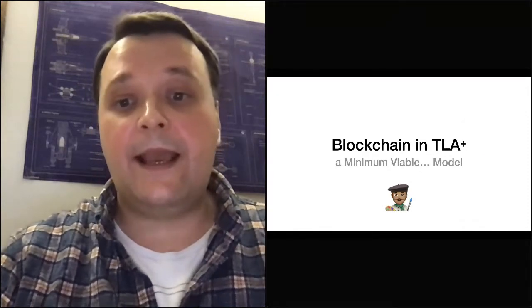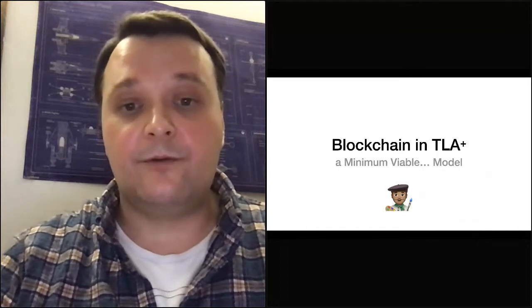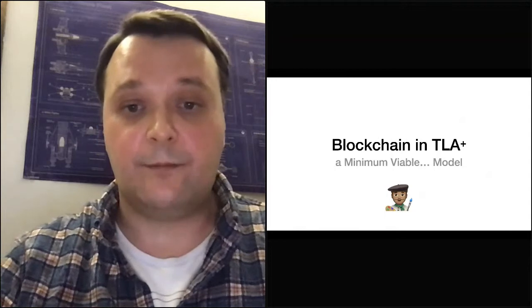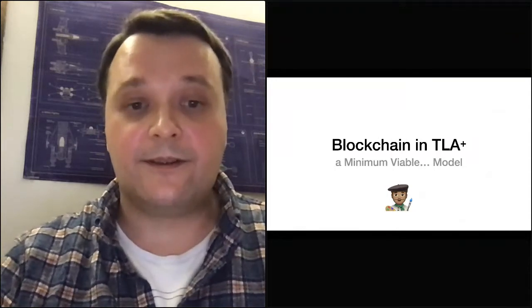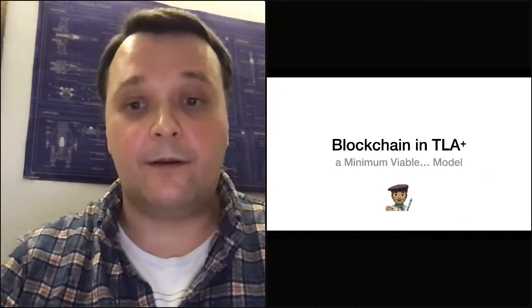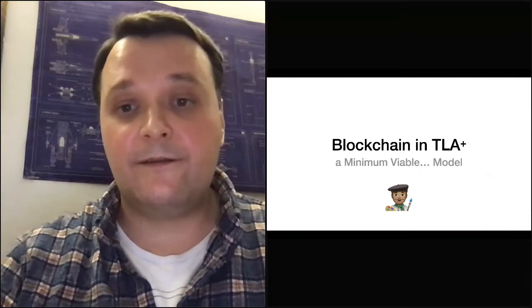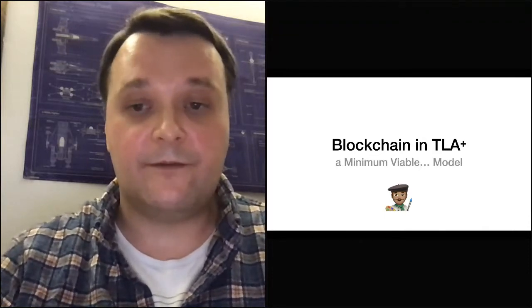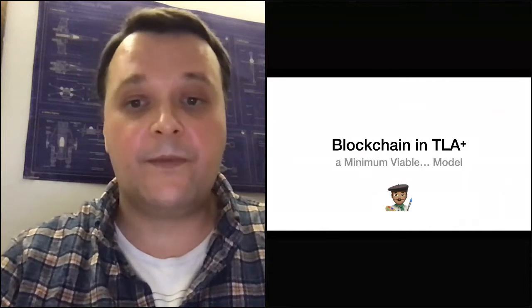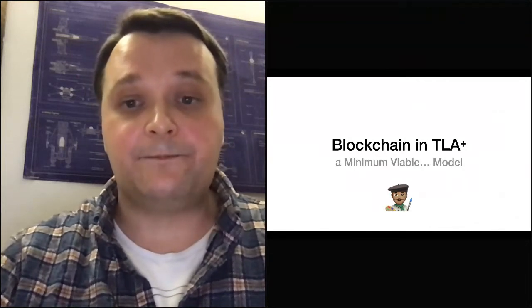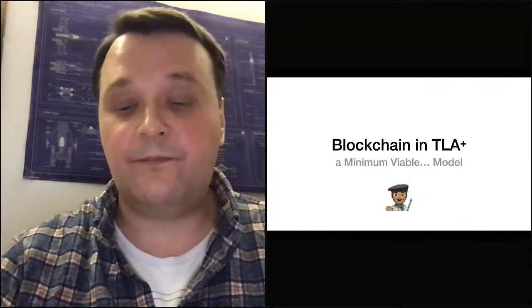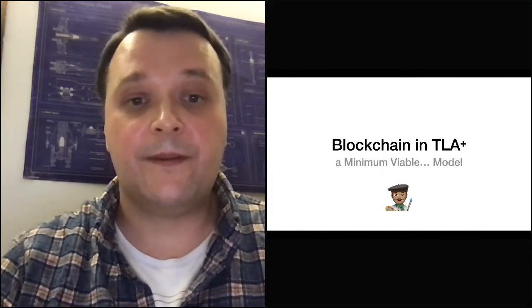And for that, I'm not giving you a full detailed specification of the blockchain. I give you something like a minimal viable model. So the thing which is small enough, which has all important constraints and properties for the Light Client protocol, but it doesn't go into implementation details.